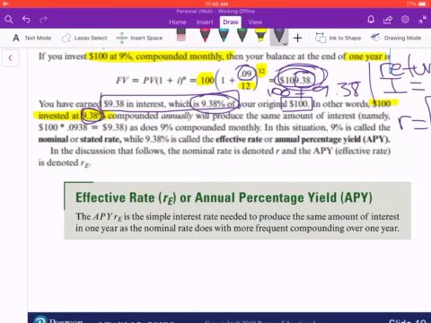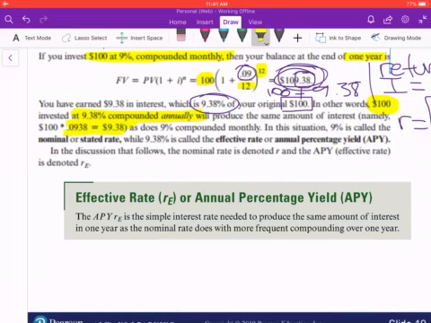So again, in other words, if we take $100 and we invest them at this rate here, 9.38, at an annually compounded interest rate, the amount of interest will be the same here, 9.38.